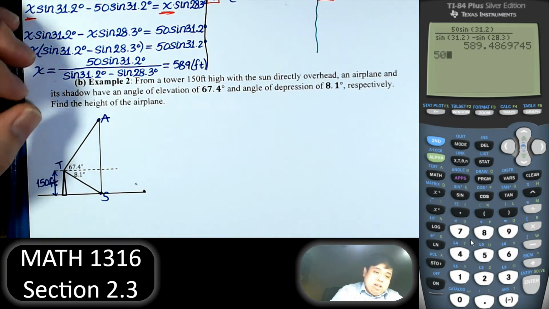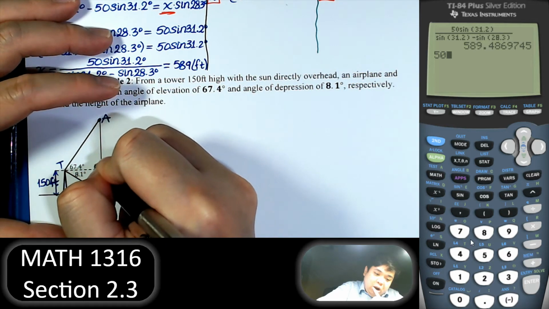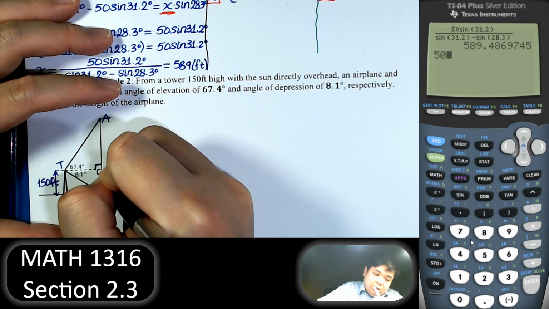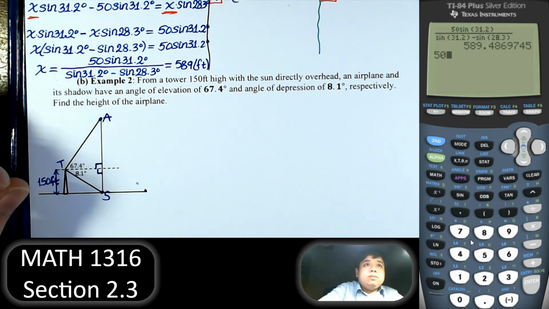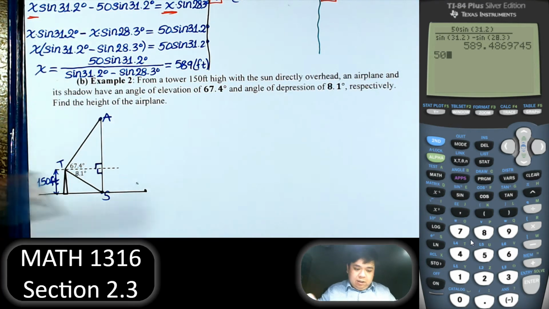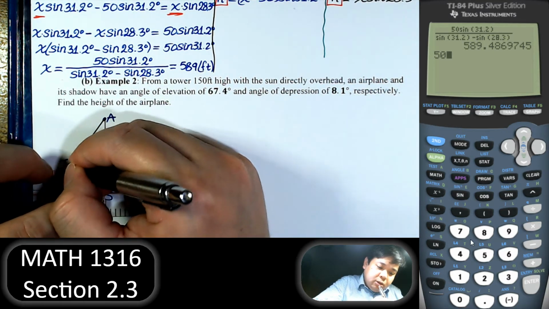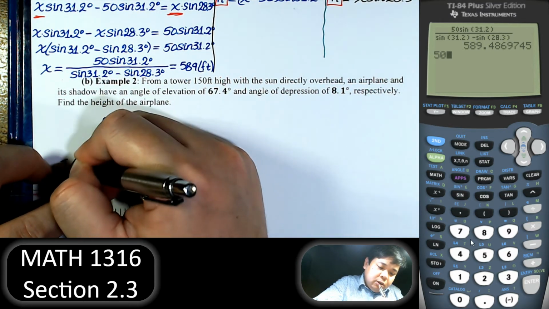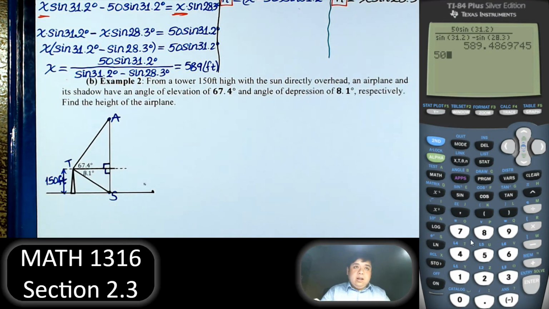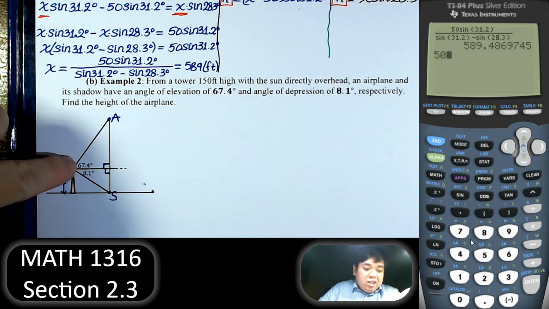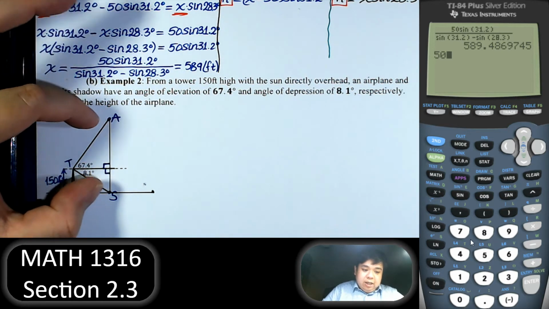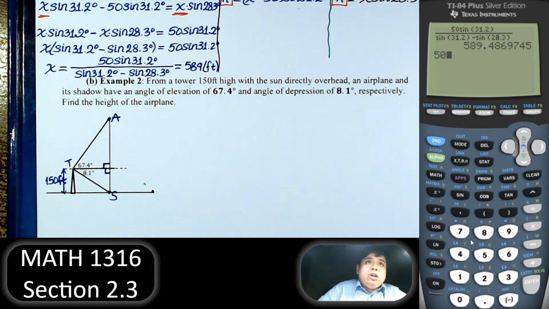So what we see here is that these are two right triangles. Two right triangles. So opposite to 67.4 is that height and this height. So we're asking for the height of the airplane.